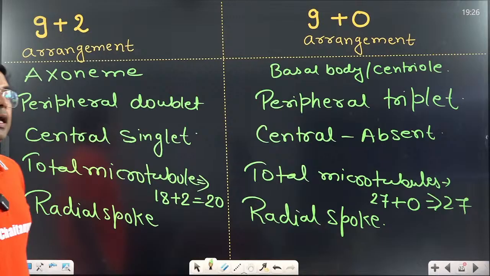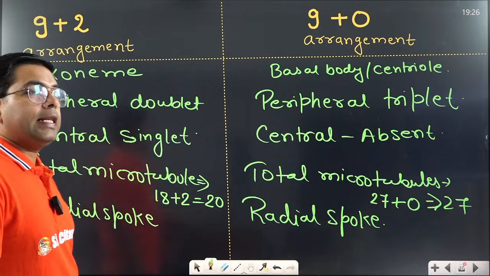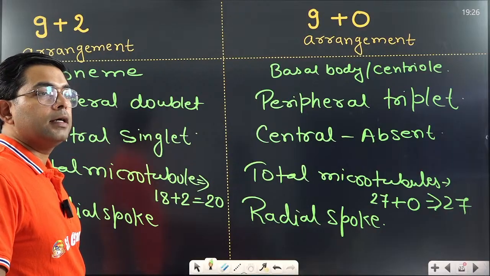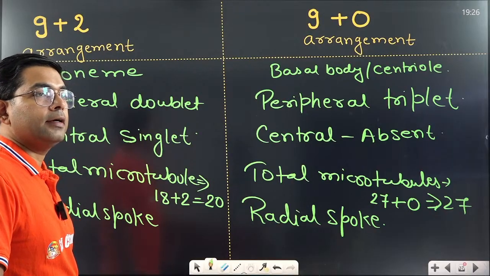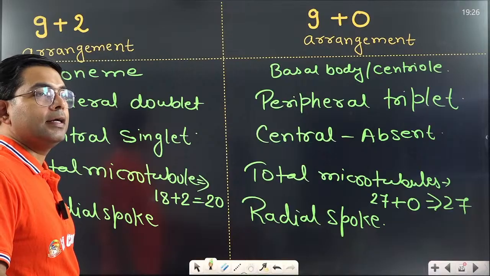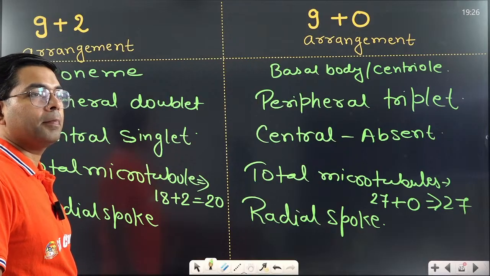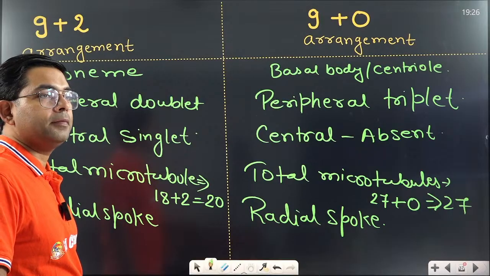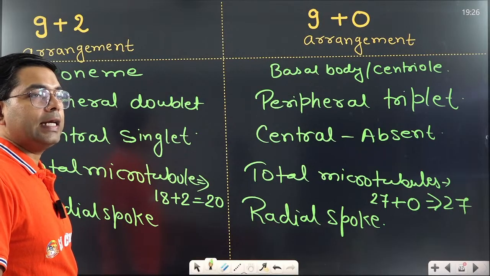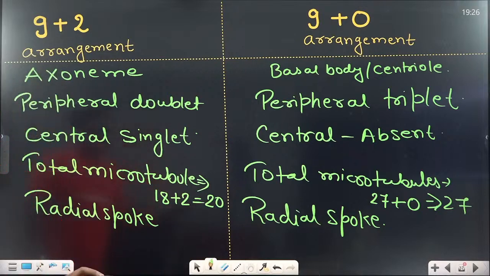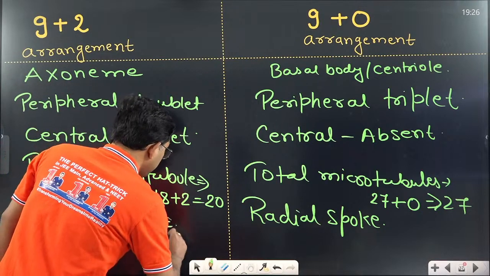Chandrika is telling 9, Sheikh is telling 9, Geeta is telling 9, Khalil is telling 9, Utkarsh 9. Fine, so radial spoke will be 9.